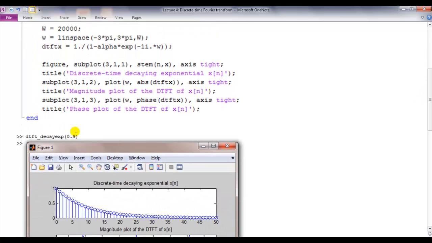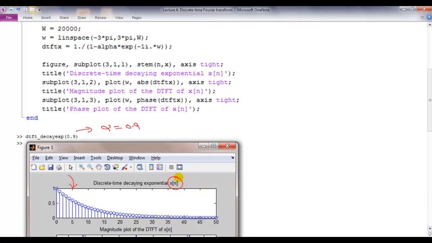So the first example that I did was I took alpha equal to 0.9. Okay, which means this is what the signal looks like. It's decaying as n goes on. This is x of n.